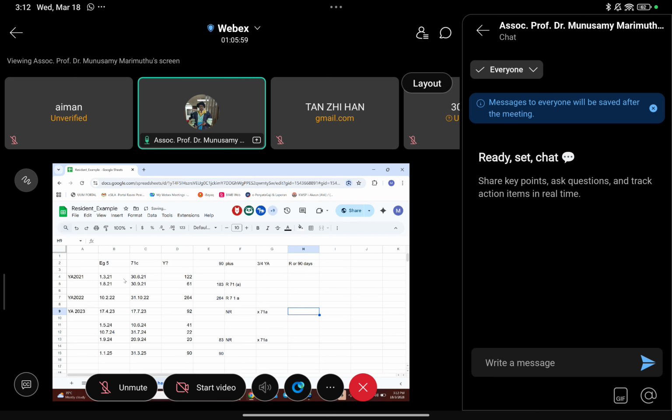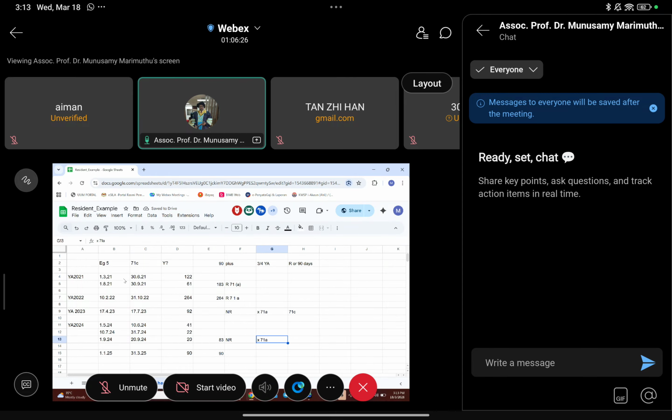How about SEN 1C? In the year of question, we need 3 out of 4. We only have 2 years, and we need 3. 21, 22, cannot. How about 83 in the year 2024? 83, cannot. We cannot for A.